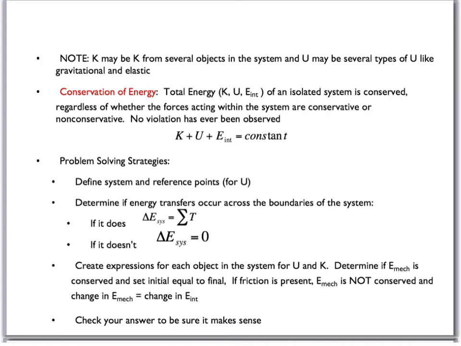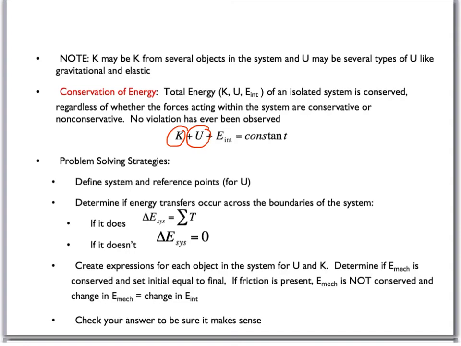Now, remember, when we place that K in the equation, that K could be the kinetic energy from several objects in the system. It could be many pieces of that system that are moving. And the U in this equation can be the potential energy of many different types. It could be gravitational potential energy or maybe elastic potential energy.